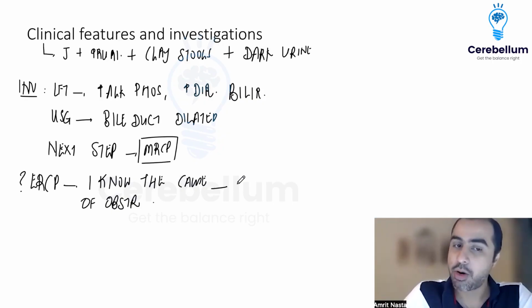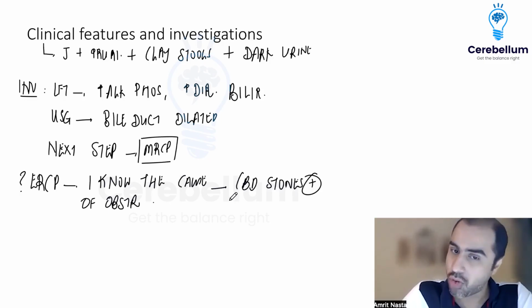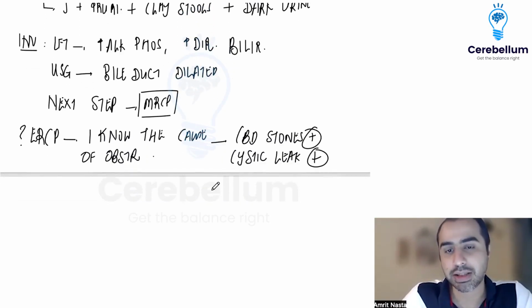For example, only when I know there are CBD stones seen, then I will do ERCP. Or when I know it is a cystic duct injury, cystic leak, type A. In that scenario, I will do ERCP. Or if the person is having cholangitis, I will do ERCP.